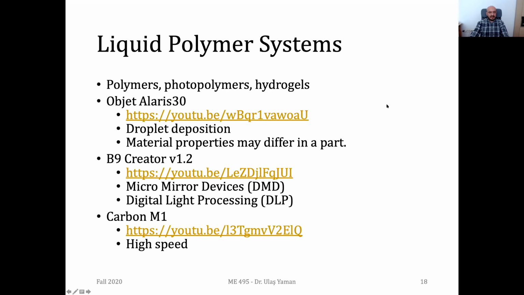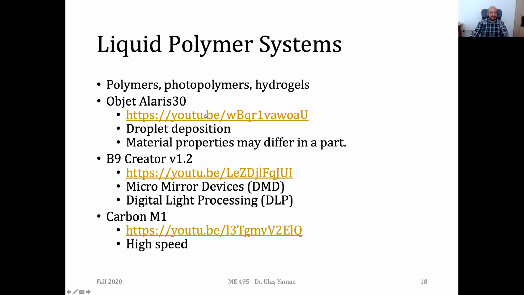Okay, let's continue with the remaining part of this chapter. We have watched all the videos of the additive manufacturing systems in which they are using polymers, photopolymers, or hydrogels.